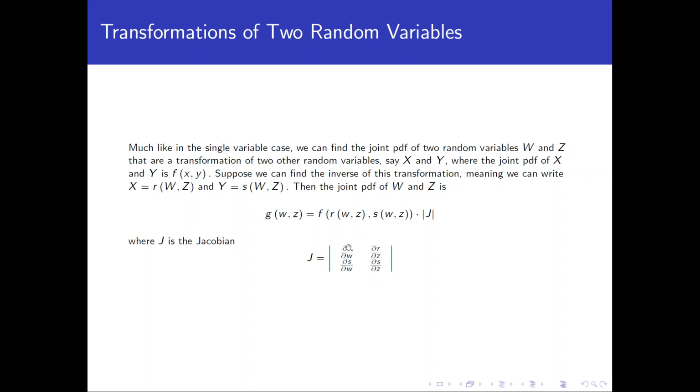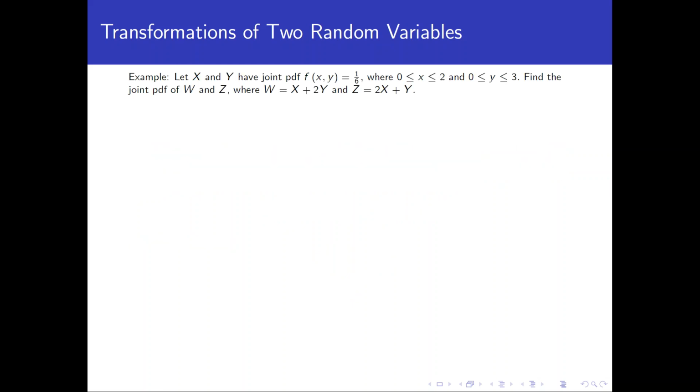When you do the determinant, you take the product of the terms on the diagonal and subtract the product of the terms on the off diagonal. So we would take this determinant and then do the absolute value. Okay. So that's how we do the Jacobian. So let's see how we do that here in a second.